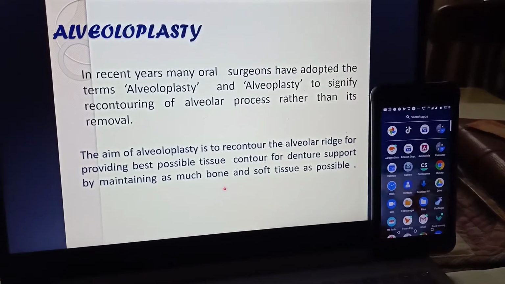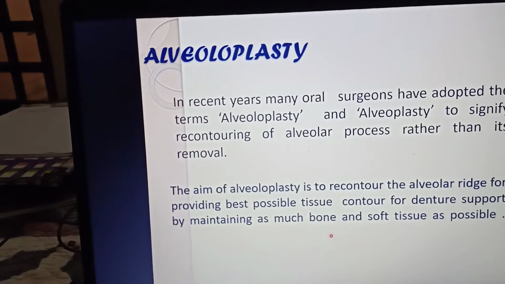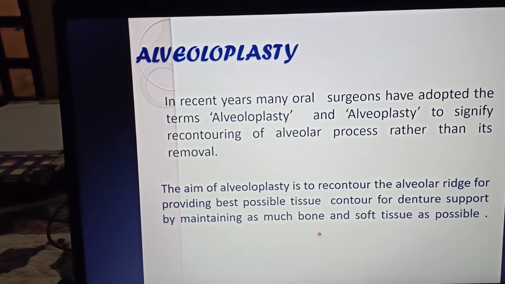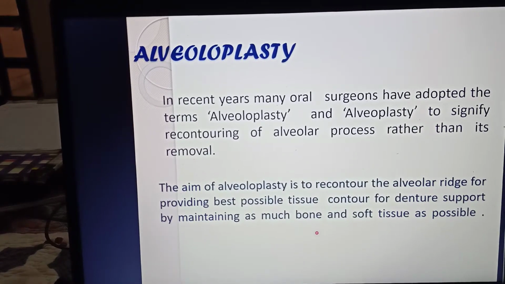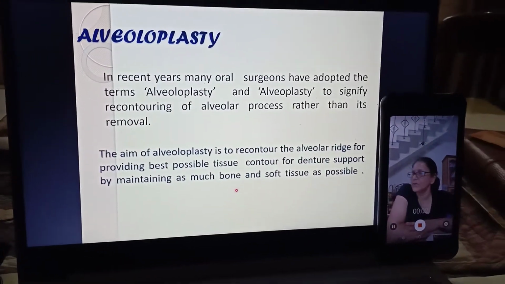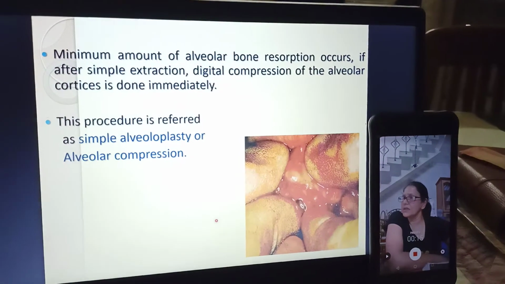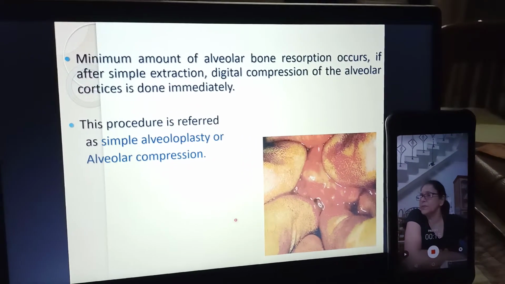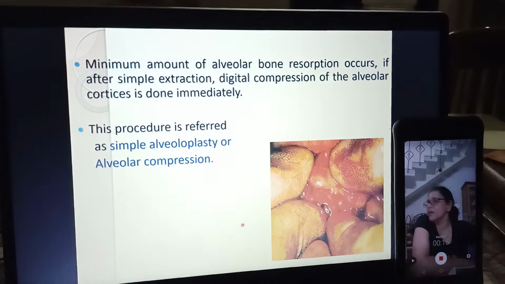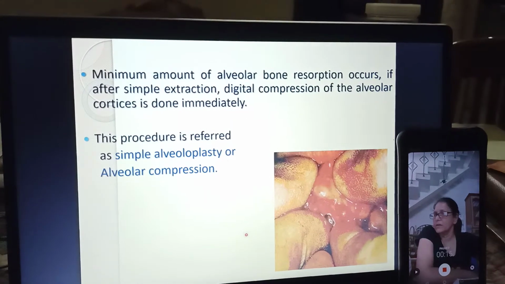Alveoloplasty and alveoplasty are one and the same thing, and the aim is to recontour the alveolar ridge for providing the best possible tissue contour for denture support by maintaining as much bone and soft tissue as possible. Alveoloplasty is of two types: simple alveoloplasty, that is alveolar compression, or complex alveoloplasty.